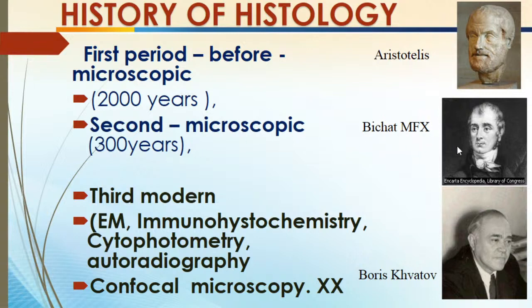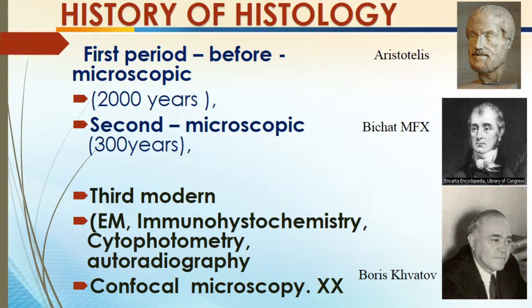Marie-Francois Xavier Bichat, one of the founders of histology and pathomorphology, gave this science its name and gave one of the first classifications in the history of histology, the classification of tissues.